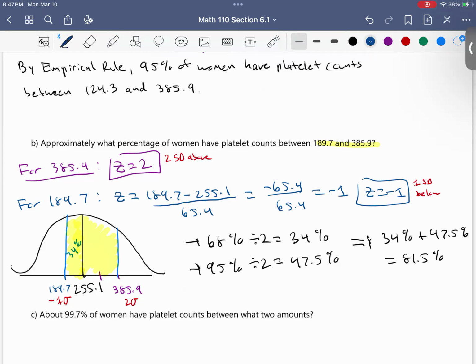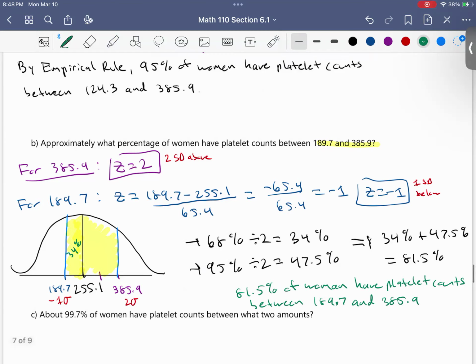So what that means is 81.5% of women have platelet counts between 189.7 and 385.9.